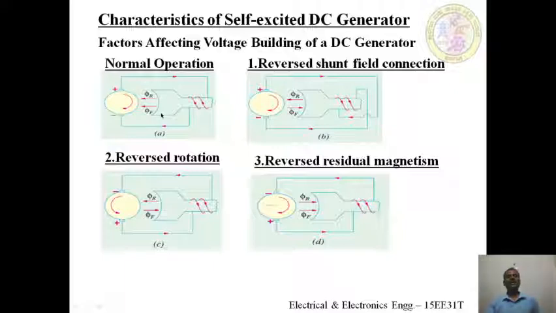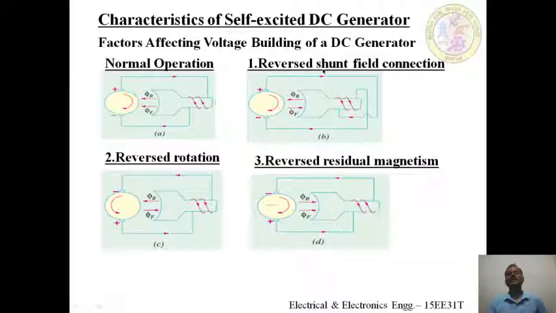In figure A, a normal operation is shown in which the generator is rotating clockwise. Phi F is the field flux due to field current. Phi R is the residual flux. Both are shown towards the left. That means they aid each other. Now we'll see these adverse effects one by one.